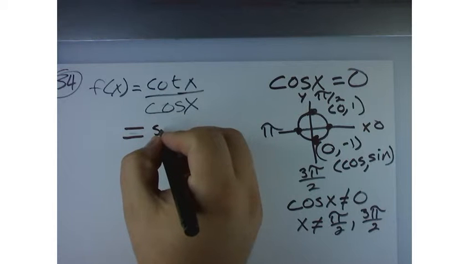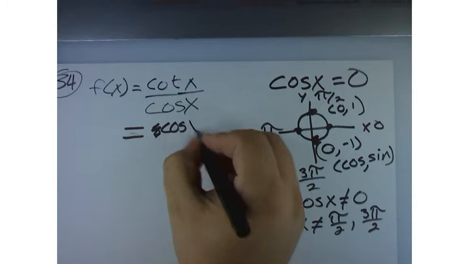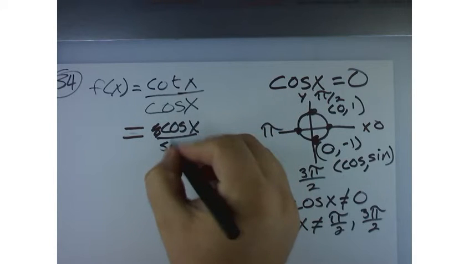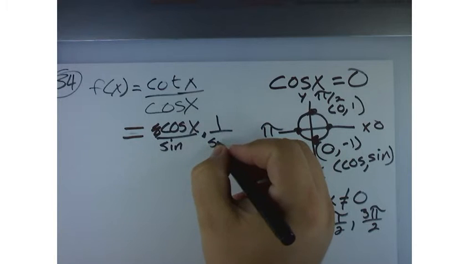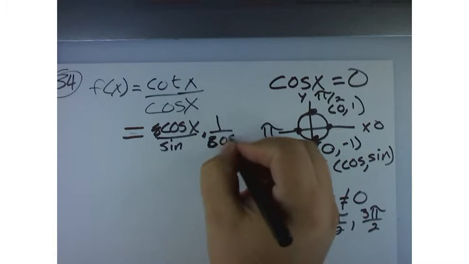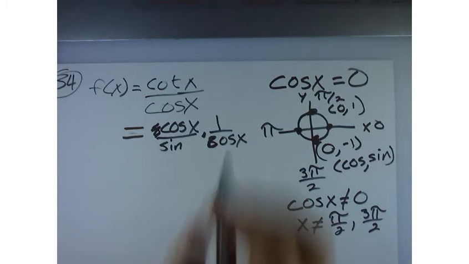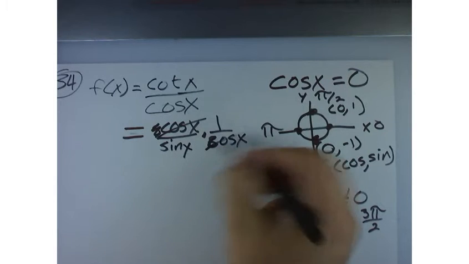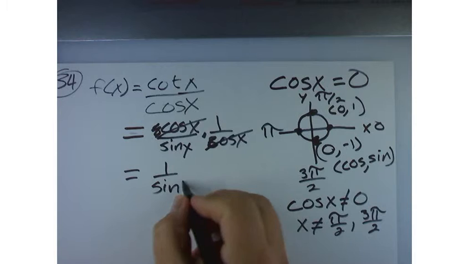Cotangent is cosine of x over sine of x times 1 over cosine. So the cosines cancel, and we really need to think about sine of x as well.